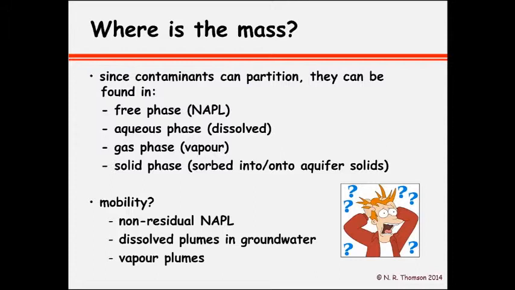So the goal then is to target the mass. If the problem happens to be a dissolved phase plume, then you have a problem of the mass having to flow away, as opposed to a static problem where you may have non-aqueous phase that has come to a state of rest and is fixed. So those are two clearly different ends of the perspective here.